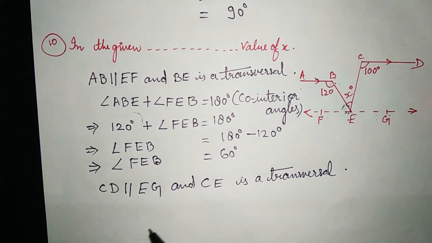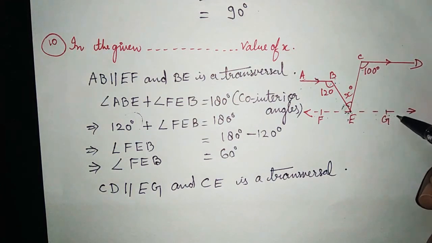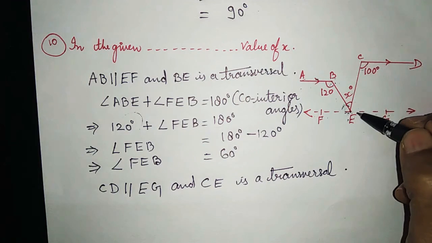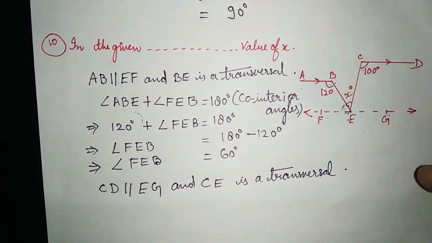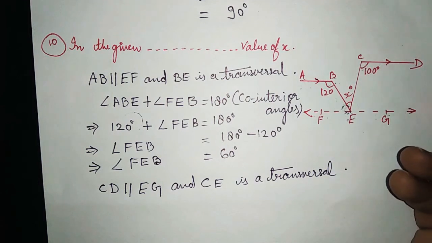Now here angle C and this angle CEG, they are co-interior angles because these two angles are forming on the same side of this transversal line.